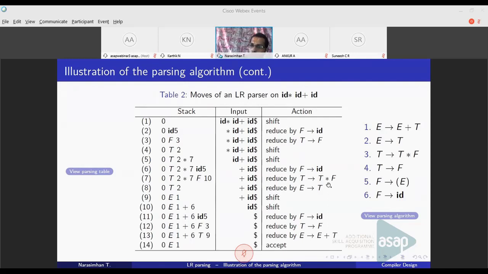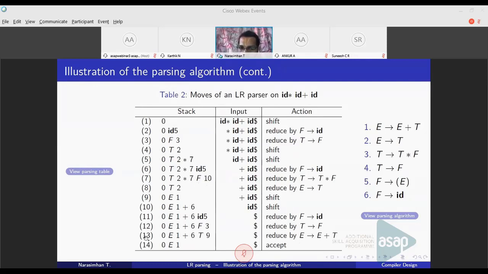One important point to note here is that the rightmost symbol of the handle will always be at the top of the stack. See, here T star F is the handle, and the rightmost symbol F is at the top of the stack. Again, I am neglecting the state symbols.